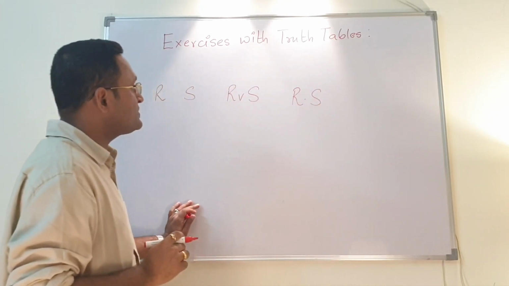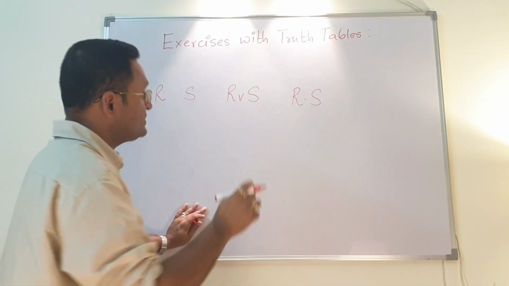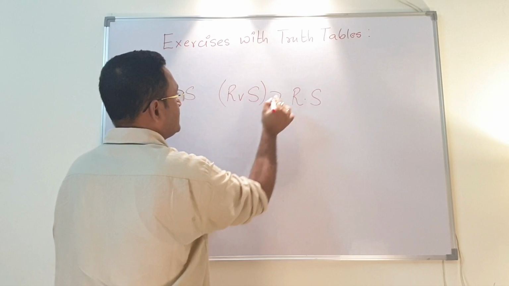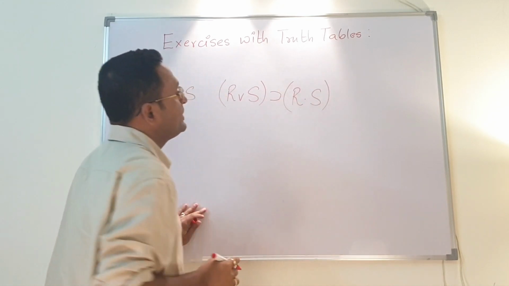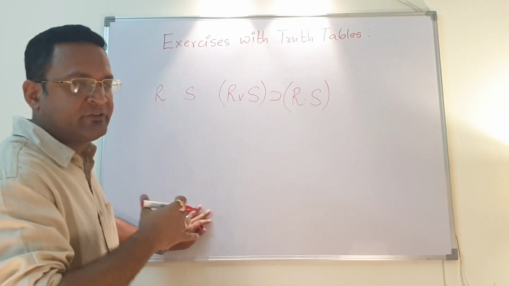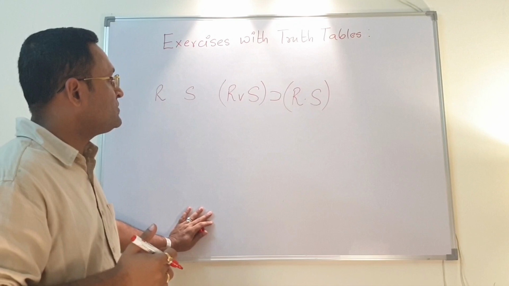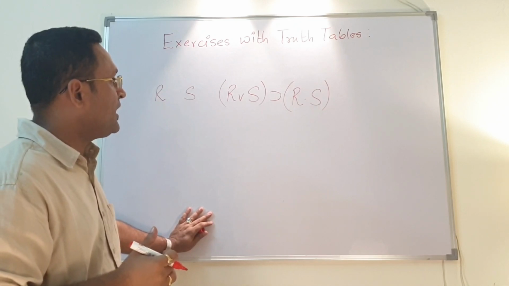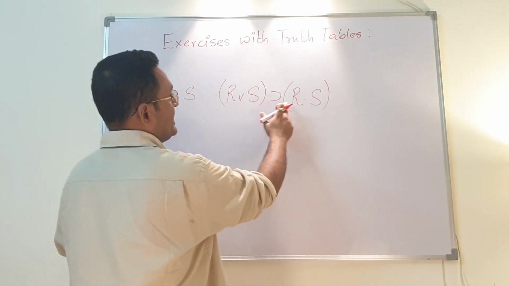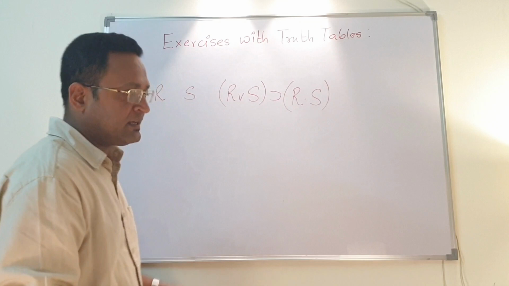Fine. So we know that we will also require this. We can draw the truth table in this fashion, but maybe it will be a little bit difficult for you to pick it up initially. The argument's premises are R wedge S implies R dot S, and R dot S, therefore R wedge S. This is the argument, right?